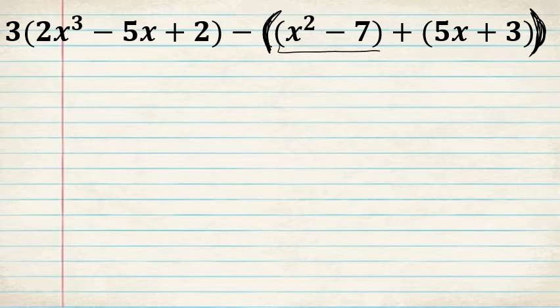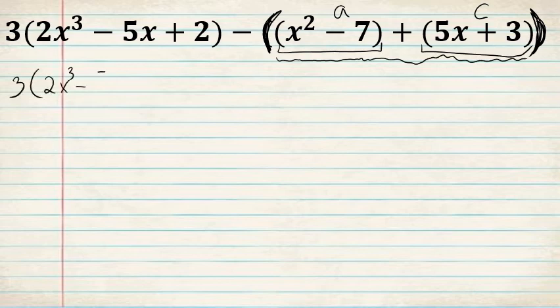I originally wrote these in parentheses. This was the original value of a and c. A was x squared minus 7 and c is 5x plus 3. But those parentheses can be dropped because there's not a value or even a negative sign in front of the quantities. I'll simply combine the like terms between x squared minus 7 plus 5x plus 3.